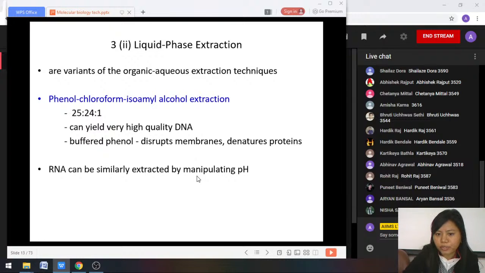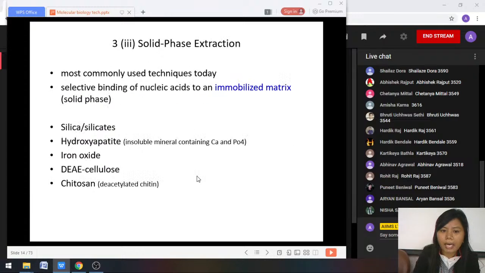When these steps first came, they were mostly in-house methods, meaning the laboratory had to procure these reagents separately, devise its own methodology, standardize its own protocol, and perform these extractions. Now most of these are available in a kit formulation. Solid phase extraction is the one now commonly used. It's easy to do and doesn't require standardization or procurement of different reagents by the lab itself.